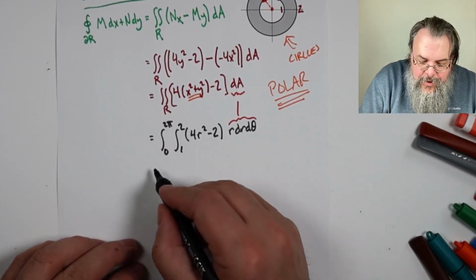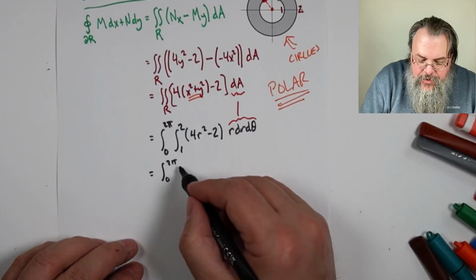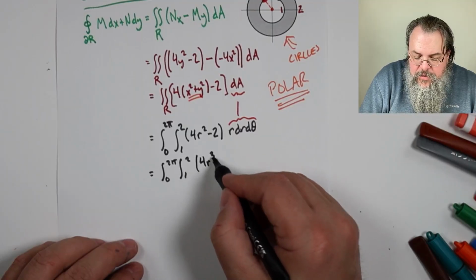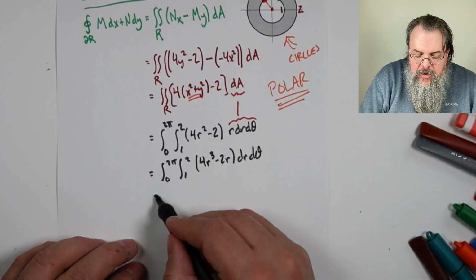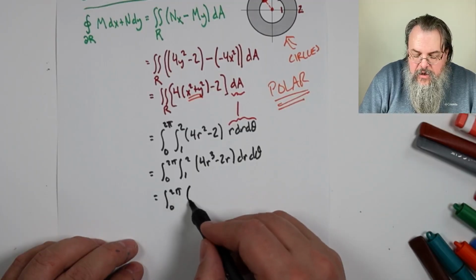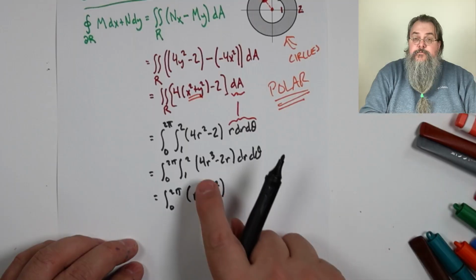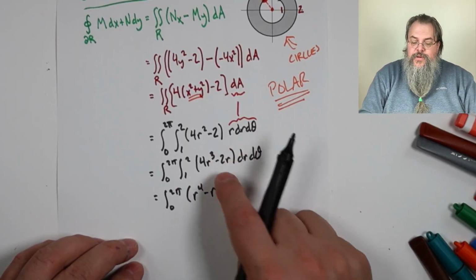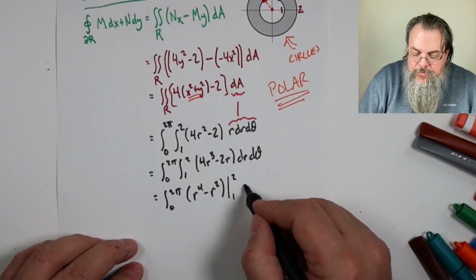We're in the home stretch. Now before we integrate, multiply this r through, and so that will give us 4r cubed minus 2r dr d theta. So that's 0 to 2 pi. And then we get r to the 4th minus r squared, right? Because add 1, divide by 4, add 1, divide by 2. And we're evaluating from 1 to 2.